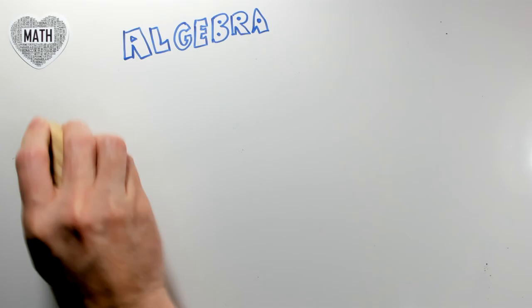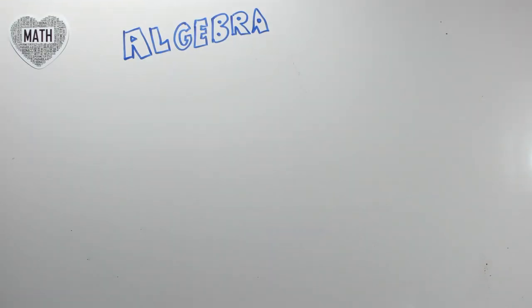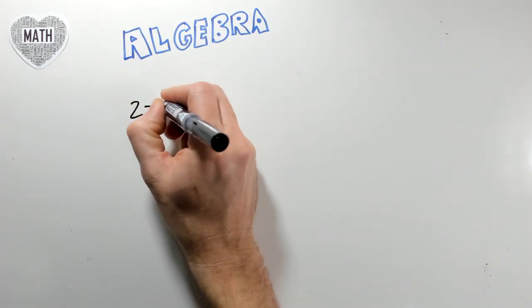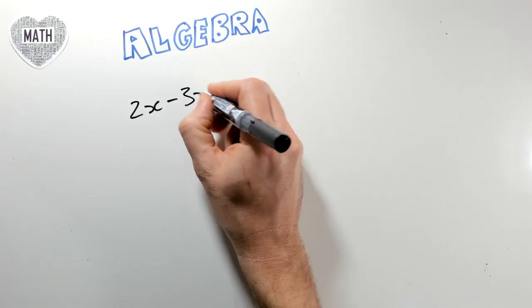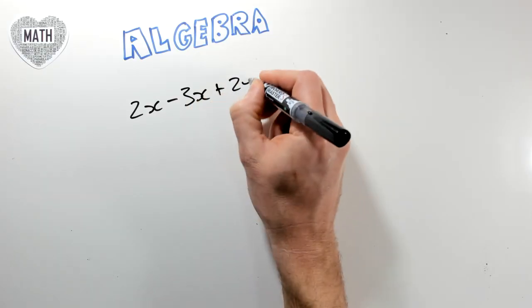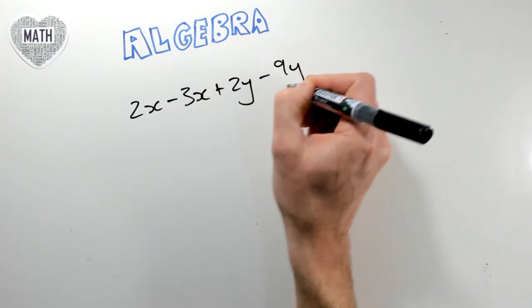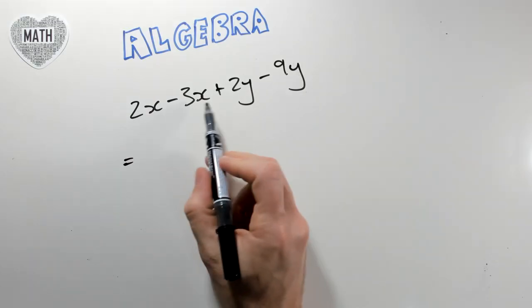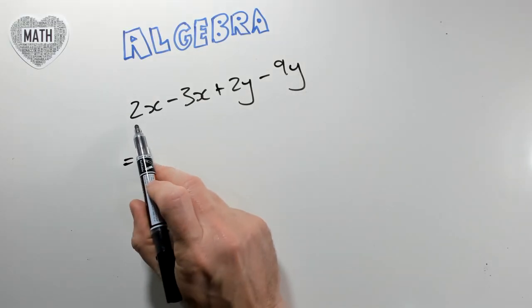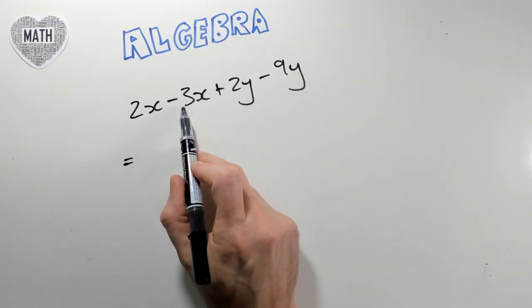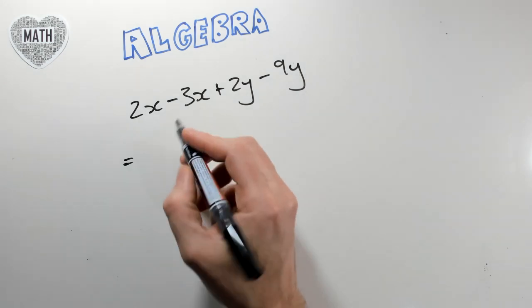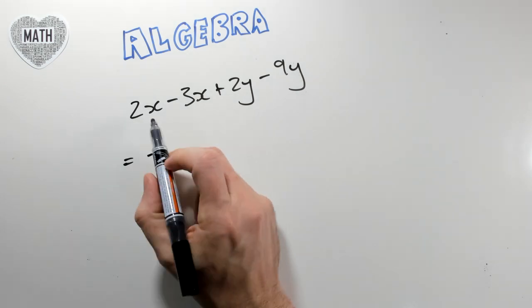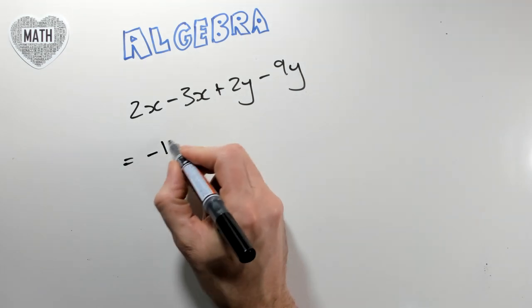So let's think about just a quick another example. Let's say I have 2x minus 3x plus 2y minus 9y. So here the like terms are kind of together, so it makes sense. So I have 2, but I take away 3. So just like 2 minus 3 is going to be minus 1, 2x minus an x is going to be minus 1x.